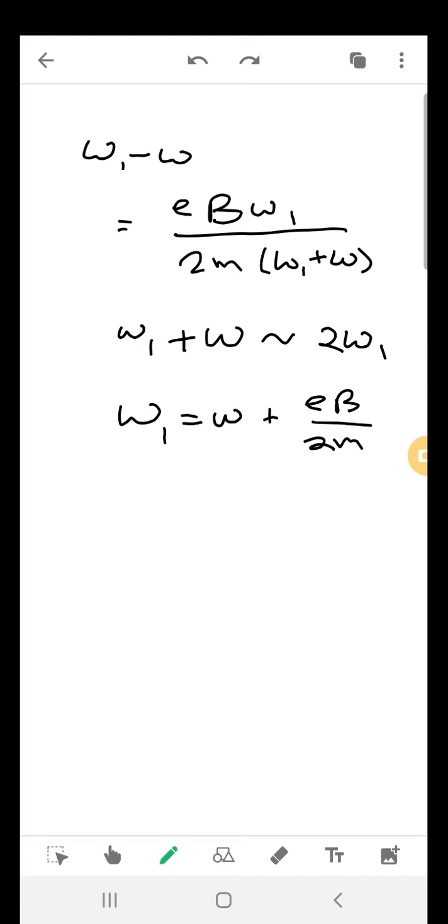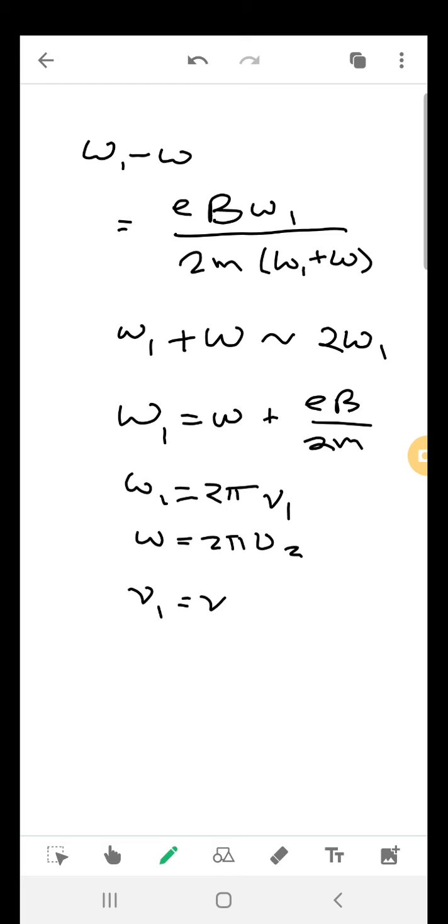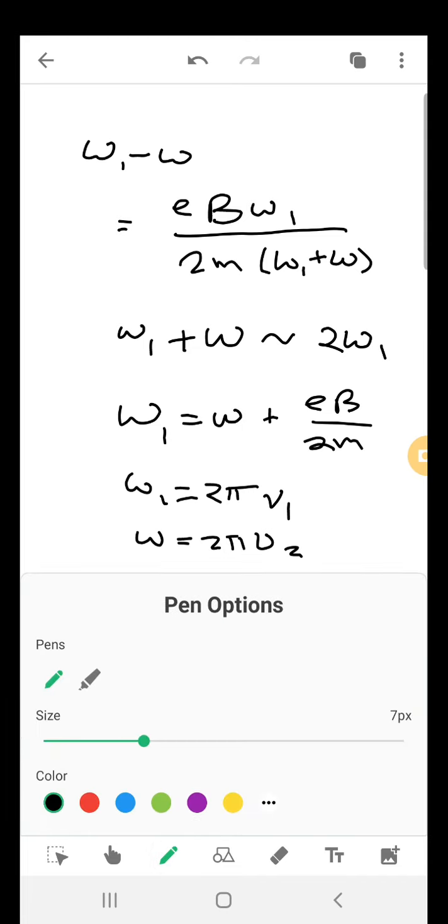Now if we write omega 1 as 2 pi nu1 and omega as 2 pi nu, we get nu1 is equal to nu plus Be by 4 pi m. This is the final equation.